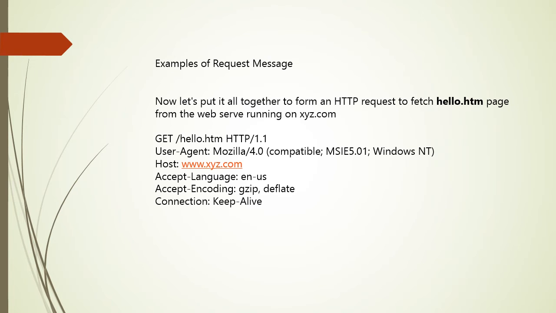Consider one example of a request message. Here we will see an example of forming an HTTP request to fetch the hello.html page from the web server running on xyz.com.